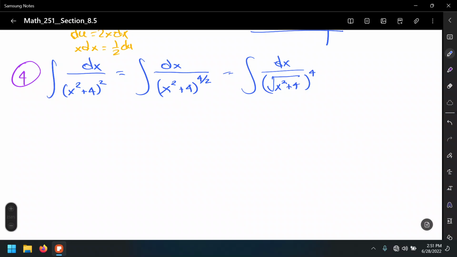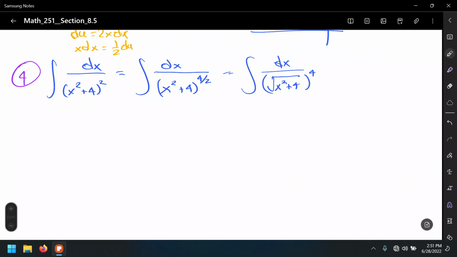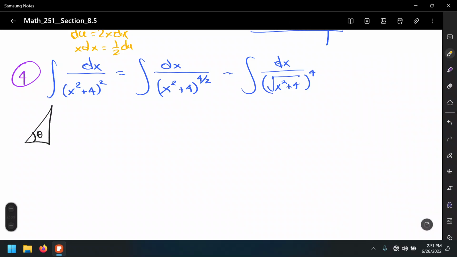Okay, so our focus is the quantity inside of the radical. Number 1, do we have a difference of squares or do we have a sum of squares? We have a sum of squares, all right? That means this is the angle theta, and let's set u equals x and a equals 2.